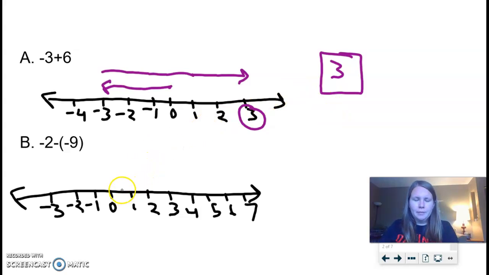So let's try B. I've got -2, so let's start at 0 and go to -2, which is to the left. Now we are subtracting a -9. Technically a -9 would continue in the left direction, but I'm subtracting it.